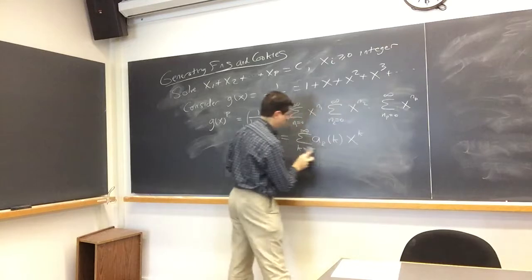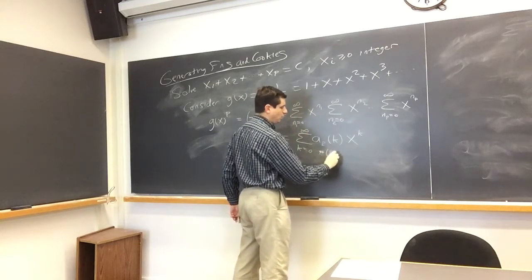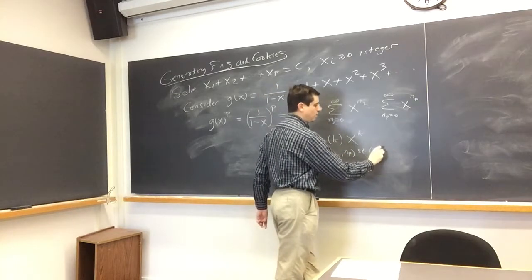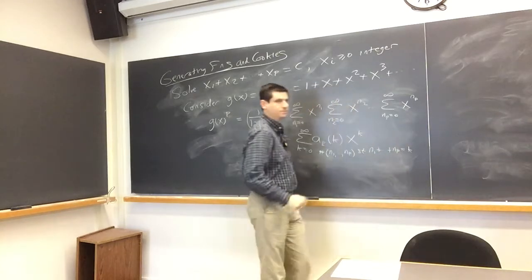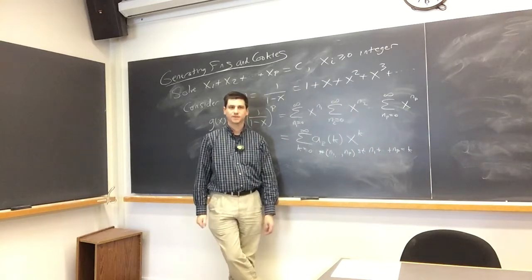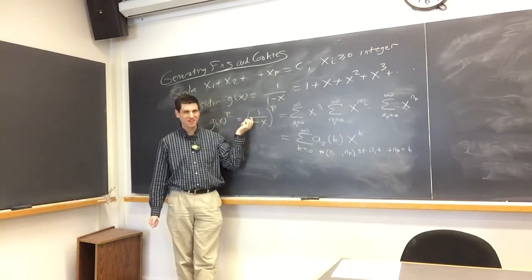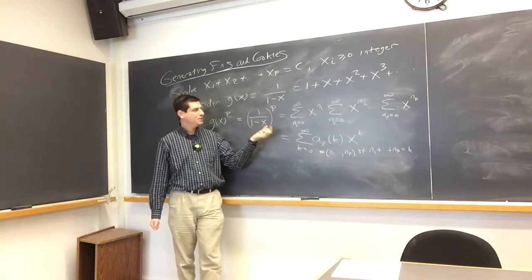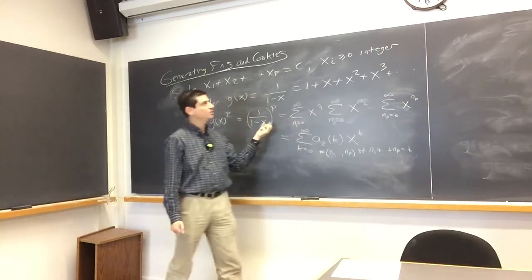And now this is just the number of tuples n1 through n_p such that n1 plus dot dot dot plus n_p equals k. The coefficient of this is our answer. Sadly, we don't have a formula like this for sum of squares. But this is an analytic approach to the cookie problem.